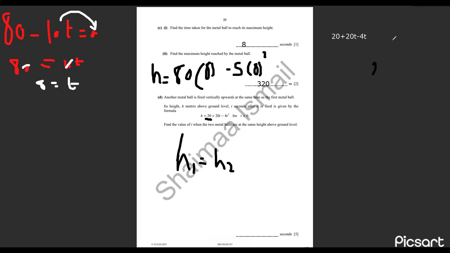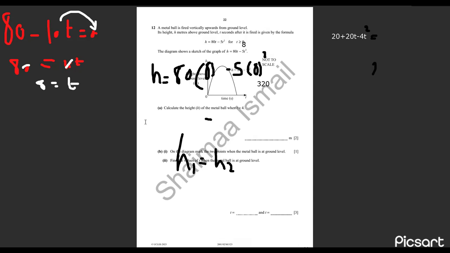So we equalize it with the first equation from the previous page, which was 80t minus 5t squared. So here we write it: 80t minus 5t squared.